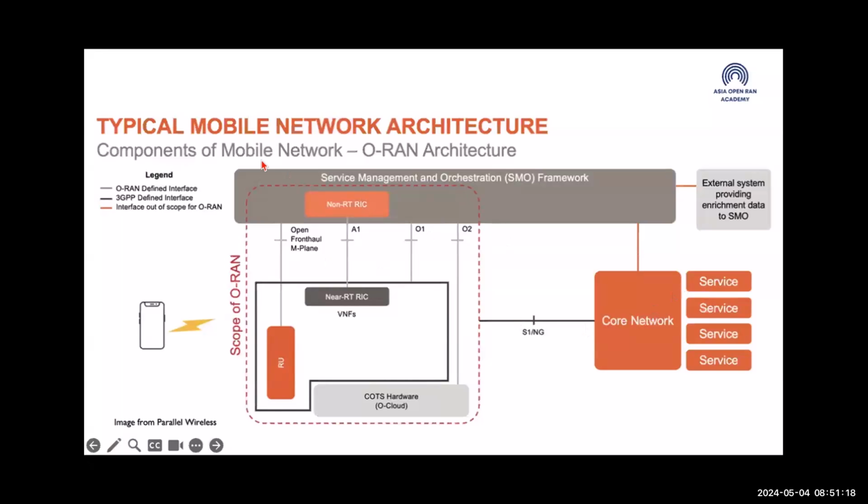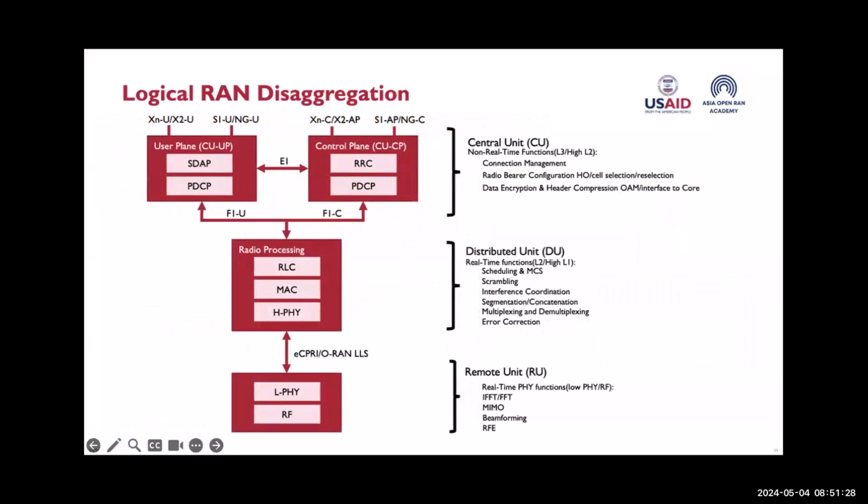Now moving on to the RAN itself, I don't want to bombard you with a lot of technical details. If you look at the logical RAN disaggregation, this is what you will see between the centralized unit, the distributed unit, and the remote unit. This is based on the split 7.2x. Here you can see that the central unit is divided into two: the user plane function and the control plane function.